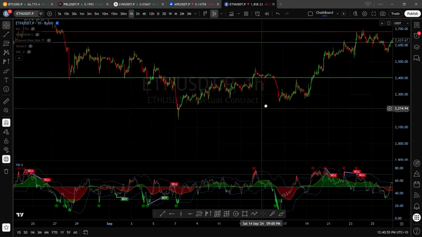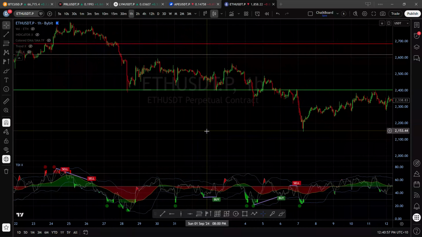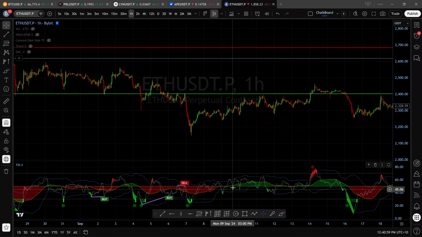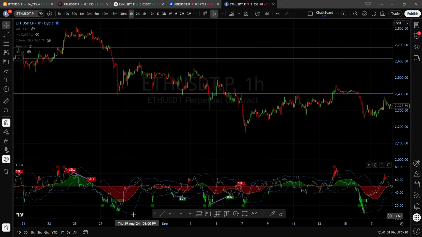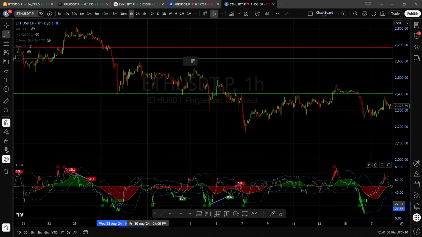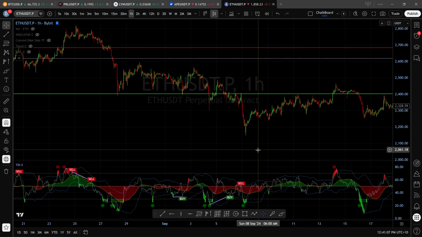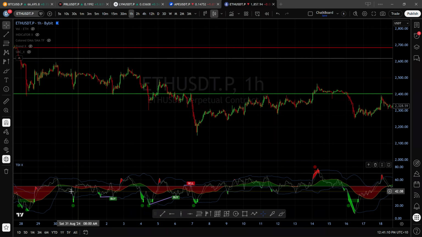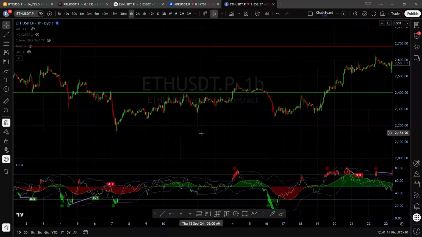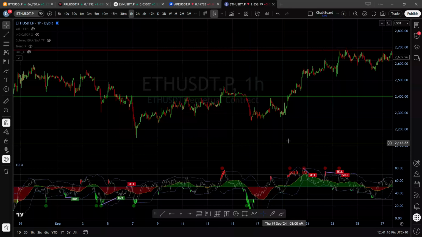And if you look at this, the money flow is coming up, but this had a bull div on the money flow where the money flow was coming up, but the price was coming down. And what that means is that the red money flow is probably about to turn green, and it started to turn green.